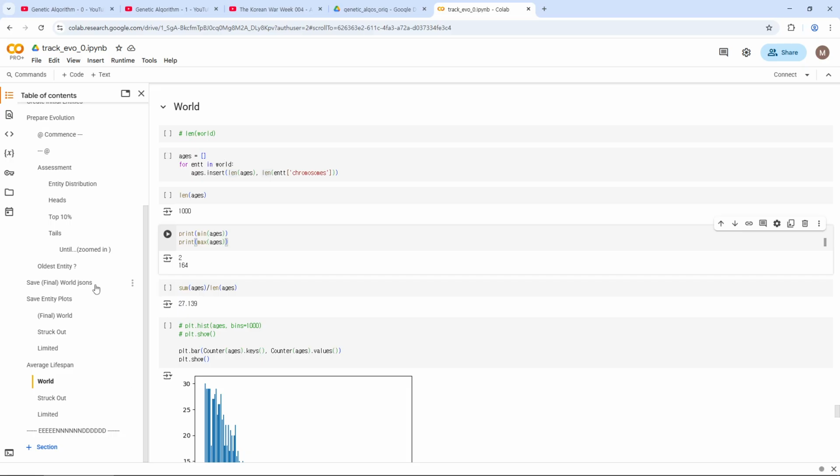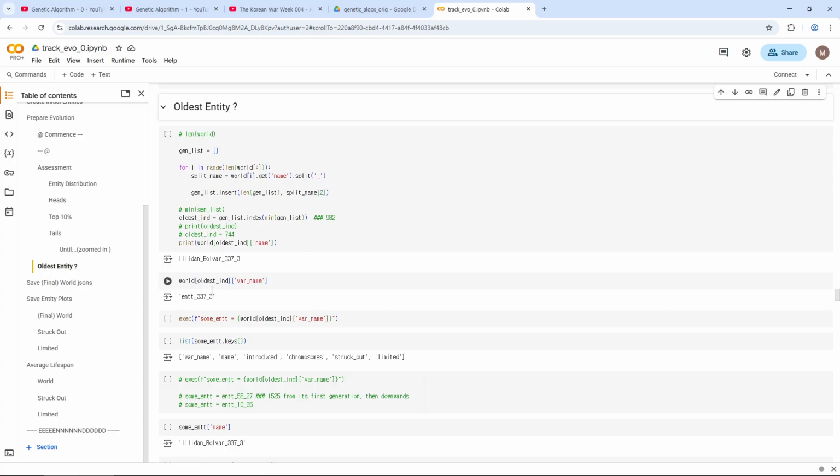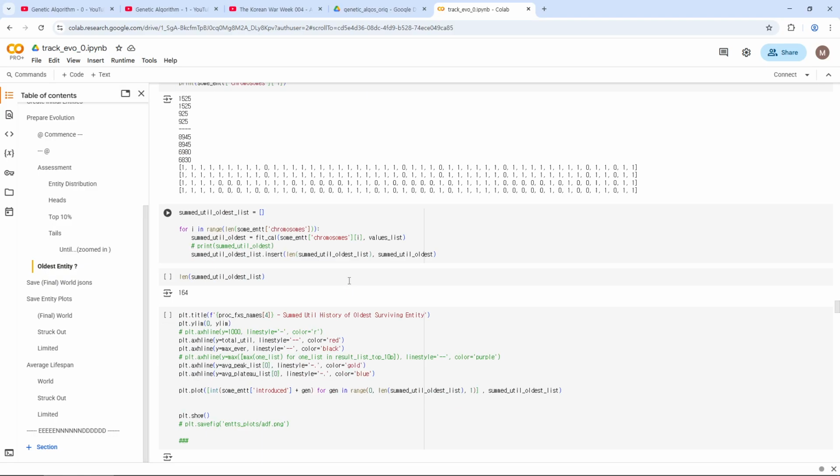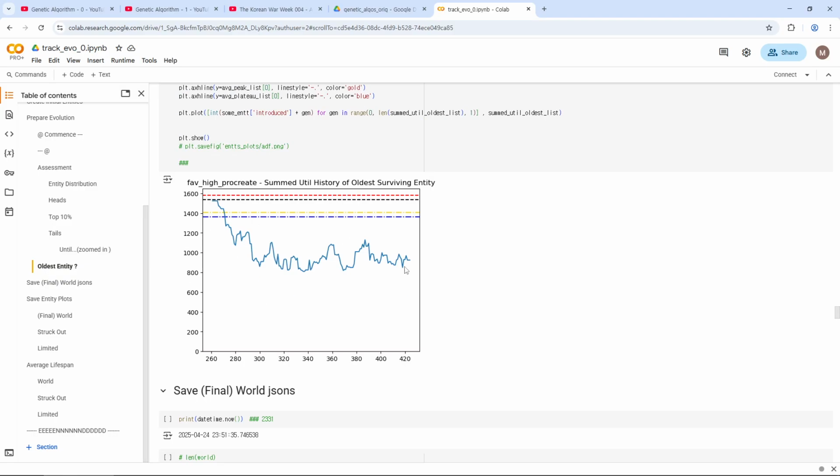And we've had a look at that one, which is this one. What's it called? Illidan Bolvar. And this is how his utility history went.